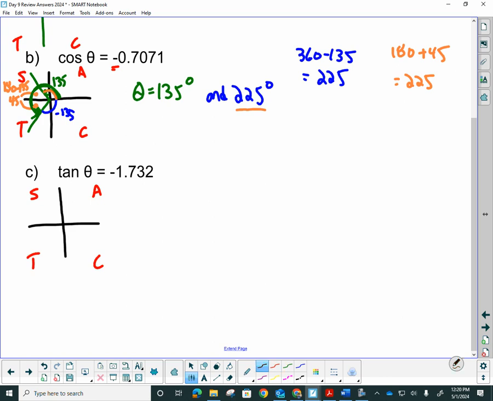I have to figure out where is cos negative, because it asks for a negative ratio. So all of them are positive up there, and this one's positive. So this is negative, that's where tan's negative, and this is negative. So it's going to go here and all the way around there.